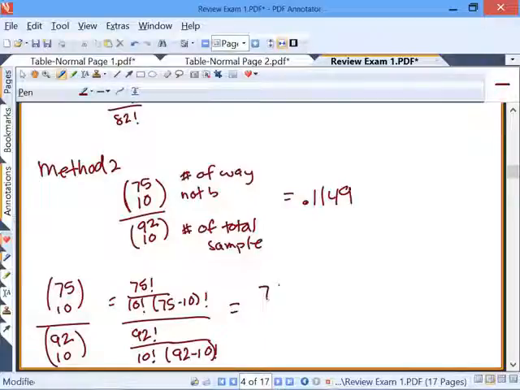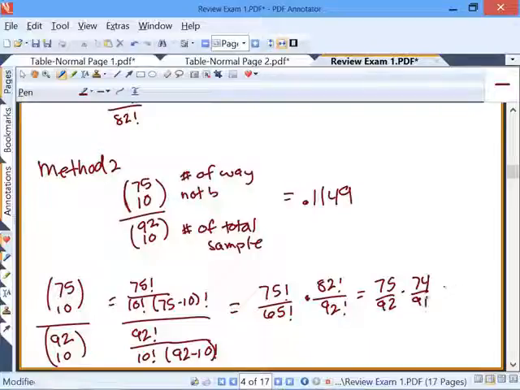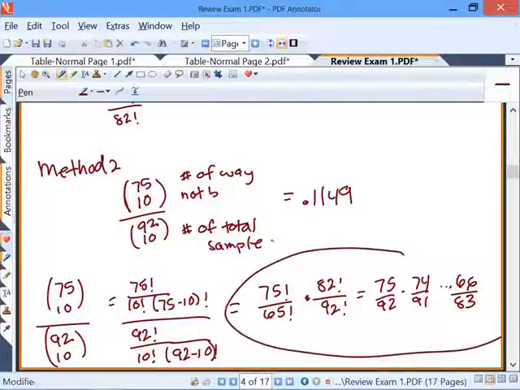They cancel, and we get 75 factorial over 65 factorial, times 82 factorial over 92 factorial. When you start simplifying this, you get 75 out of 92 times 74 out of 91, down to 66 over 83, which is the same thing we tried to do intuitively, but it made it small enough that I could put it in my calculator.